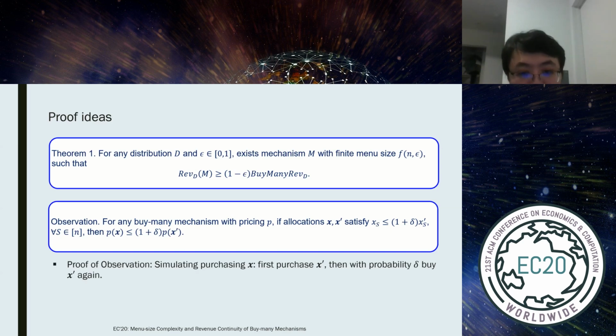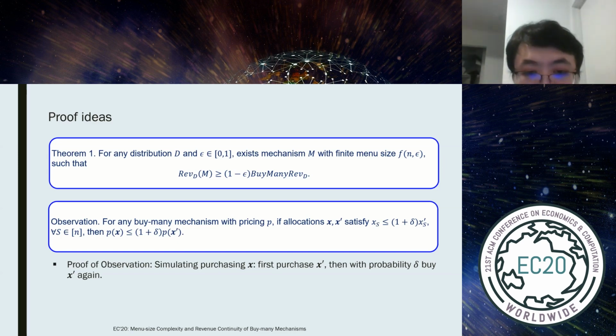This is because if the allocation of set S in allocation X is at most 1 plus delta times the allocation of S in X prime, we can simulate purchasing X with purchasing X prime by first purchasing one copy of X prime, then with probability delta purchasing X prime again. And this way we get an allocation that dominates X.